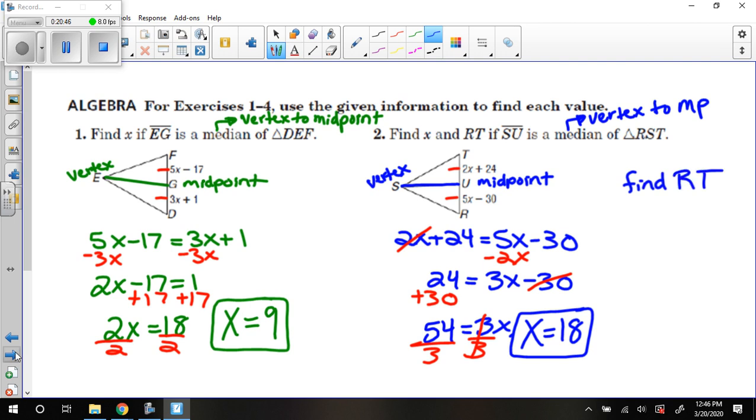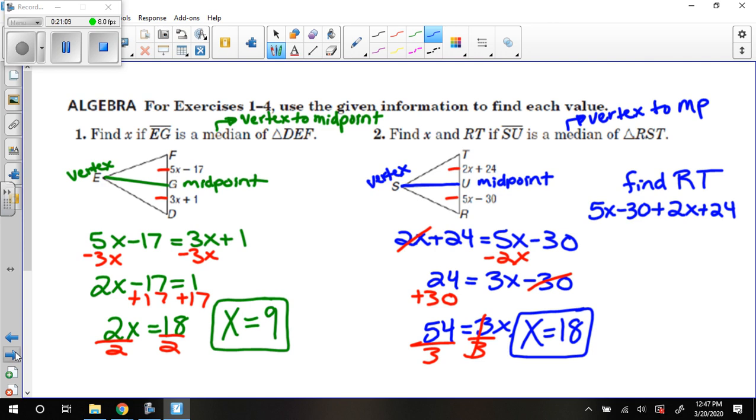Okay, RT is the entire segment. So we know that RT is going to be the 5x minus 30 plus the 2x plus 24. That's the entire segment from R all the way to T.